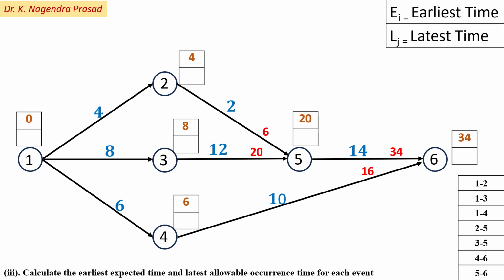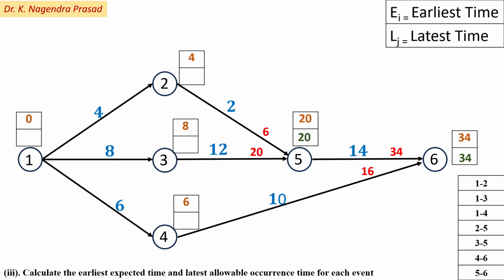Next, apply the backward pass method to determine the latest time. For the backward pass method, start at the end event, that is event 6, and the finish time is 34. So next, for activity 5 to 6, the finish time is 34 at event 6, and the start time will become 34 minus 14, which is equal to 20 at event 5.